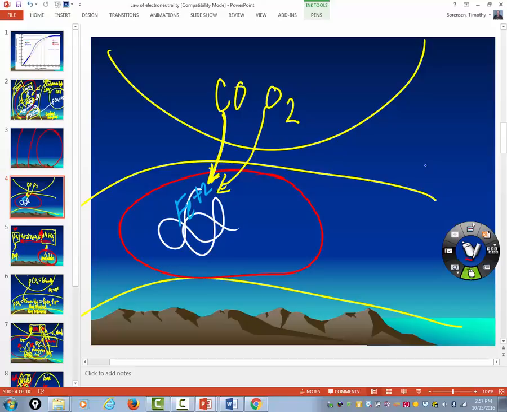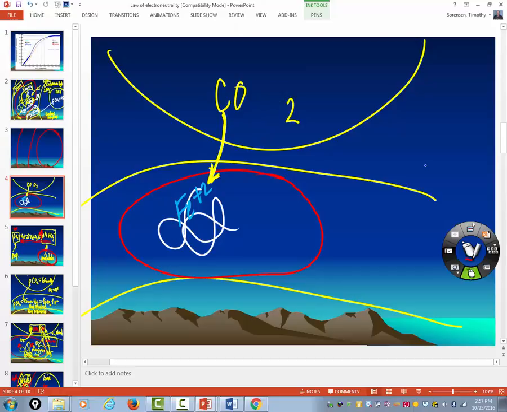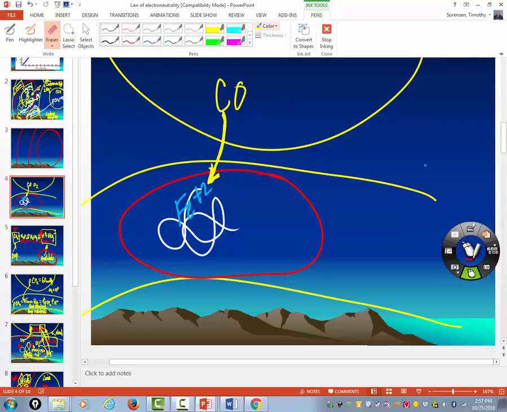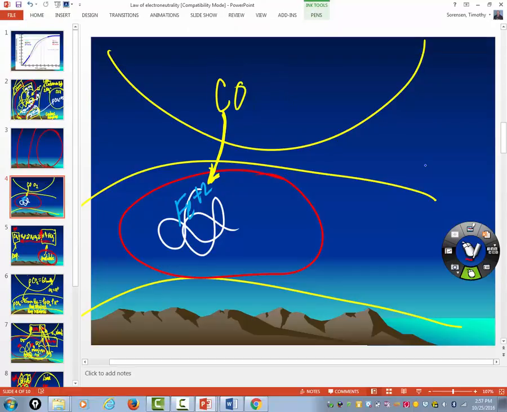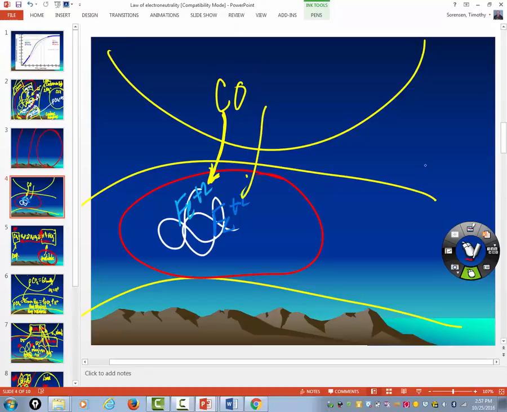So every time that blood circulates and a carbon monoxide molecule has bound, there's one less place for oxygen to bind.